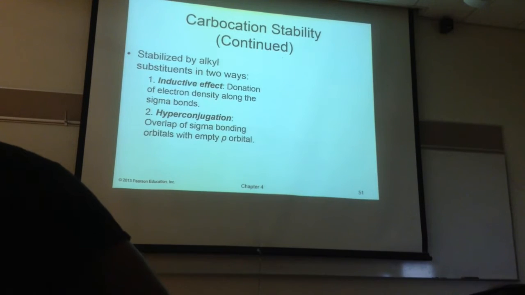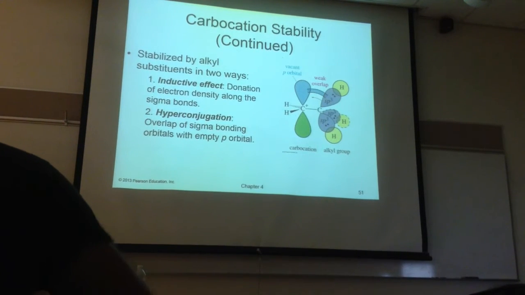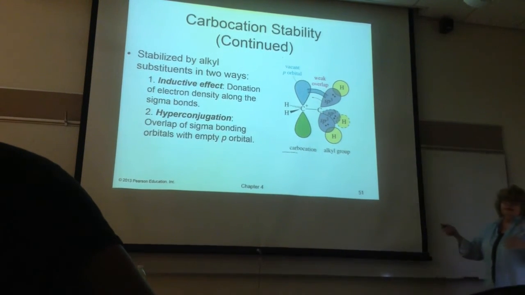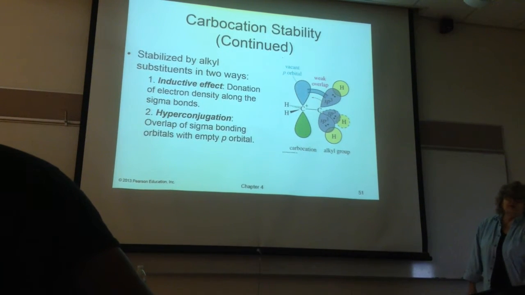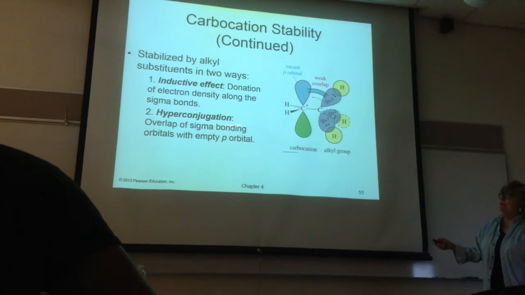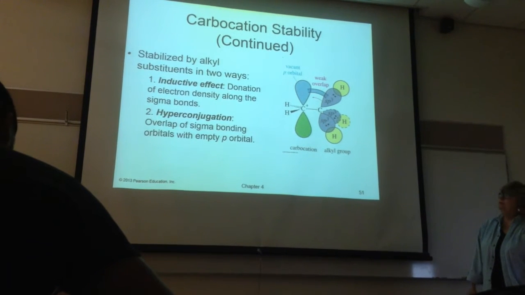They're saying that this is, and it's really a secondary by the way, an overlap of sigma bonding orbitals with empty p orbitals. This is what they're referring to. Wait till you're done copying. Hyperconjugation is an overlap of sigma bonding orbitals with empty p orbitals.